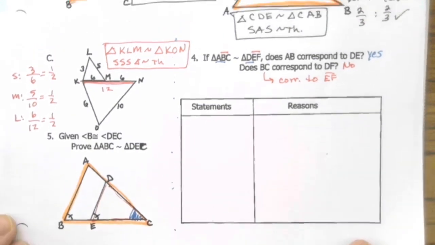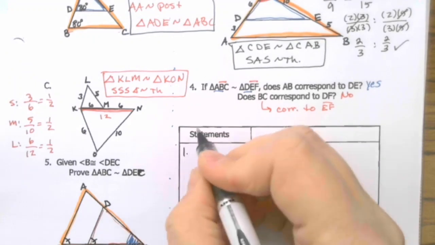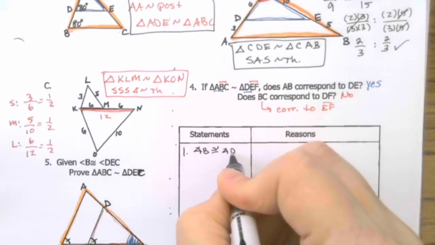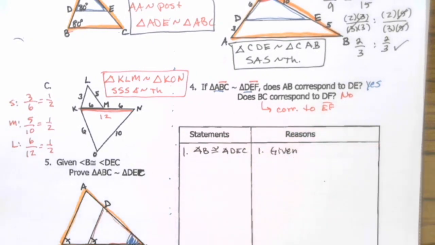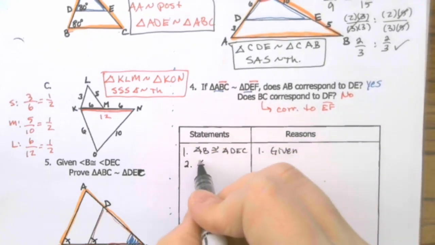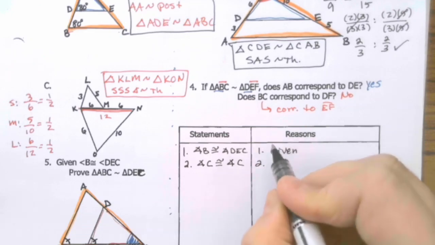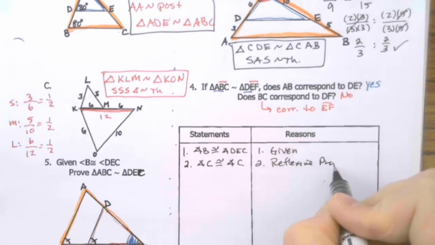Okay, so let's do a proof about that. First, you do your givens. So number 1, angle B is congruent to angle DEC. That was given to us, so given is the reason. Number 2, we have to say that angle C is congruent to itself, angle C, by reflexive property of congruence.